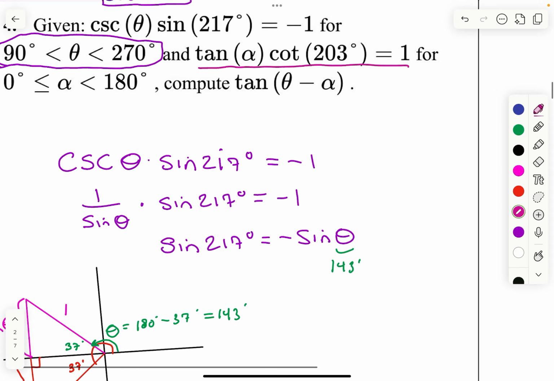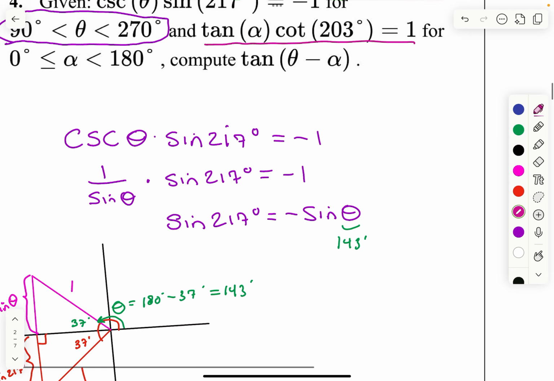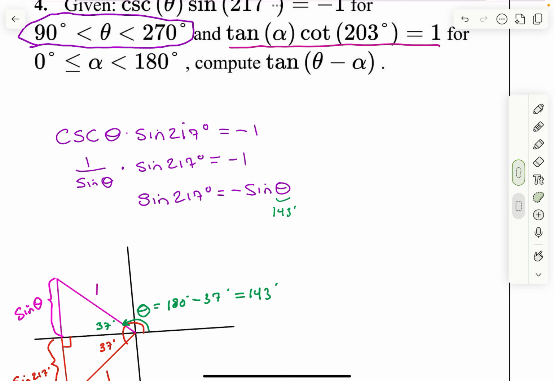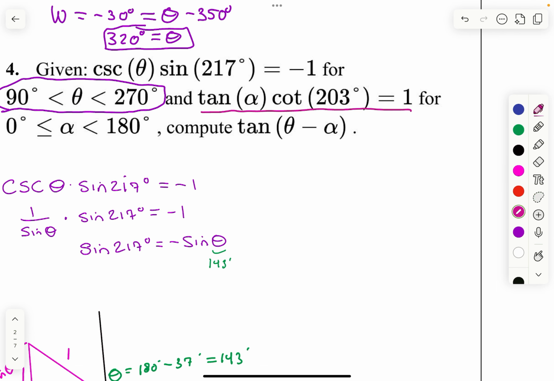Alpha is in between 0 and 180. Okay, let's make some room first. We'll start with this fact: tangent of alpha times cotangent of 203 degrees is equal to 1. And then recall that cotangent is the reciprocal of tangent.